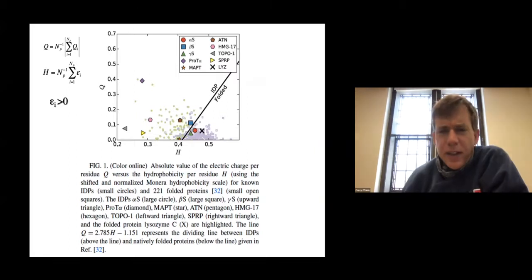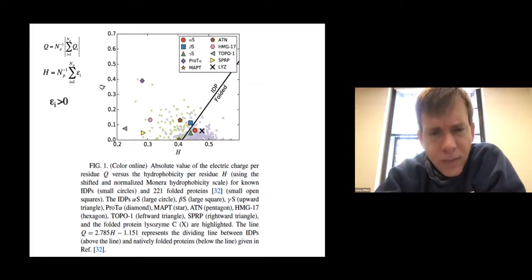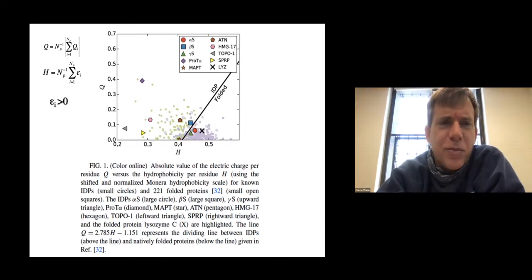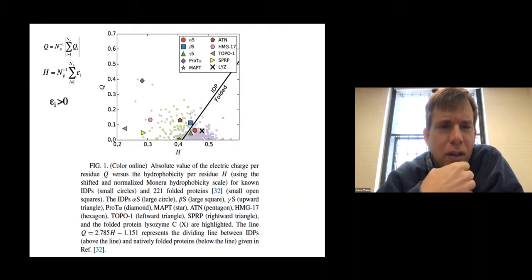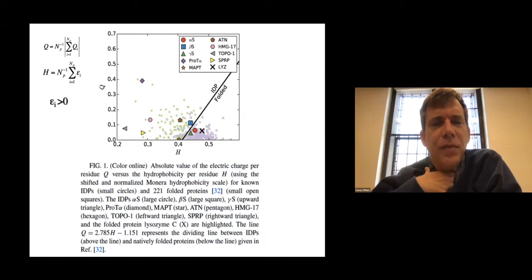In prior work, there were rules of thumb for determining whether a protein was intrinsically disordered just based on its sequence. Some of the parameters that people looked at were the total charge and the hydrophobicity.